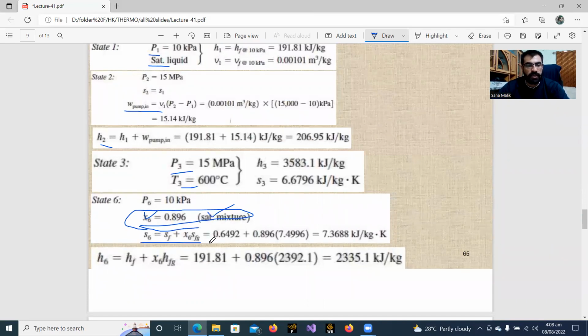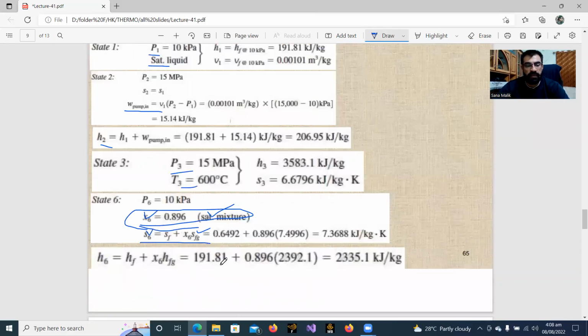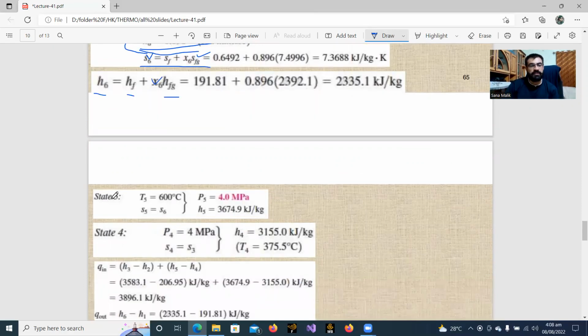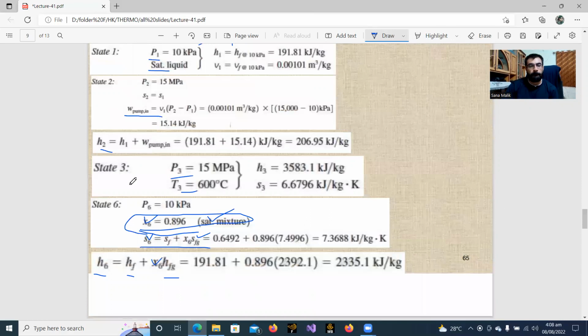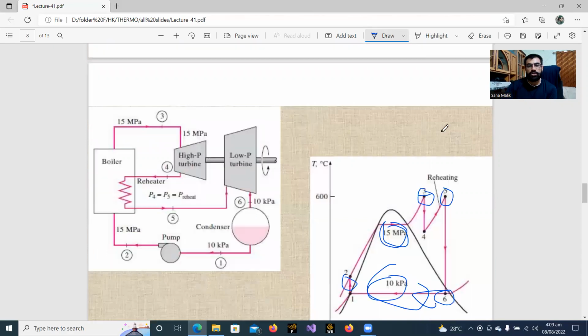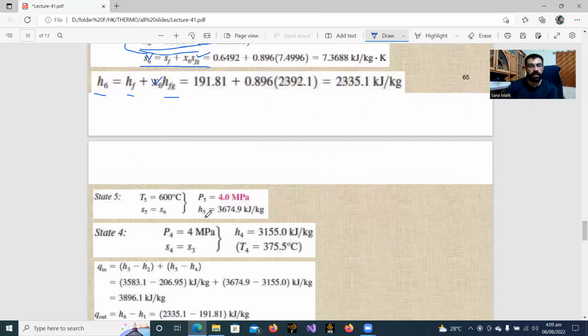We will apply this expression. We'll find Sfg, and we can find Sg using Pg. Using Pg and Sg, we can find Hf and Hfg, and Hg we can find. On state 5, we know T5. We know T5 was equal to T3, and S5 equals S6, isentropic process. S6 is already known. We can find P5, H5.